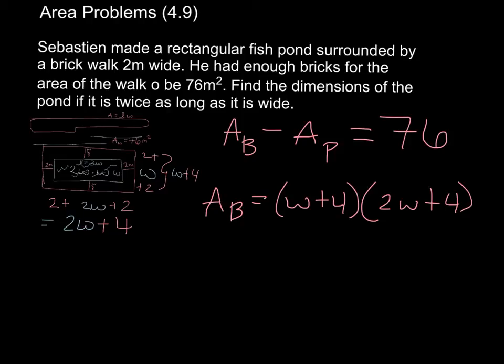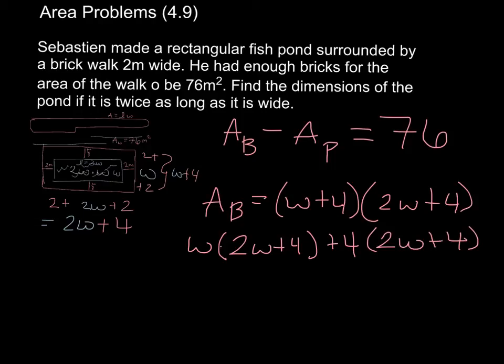So I'm going to take the first w, I'm going to say 2w times 2w plus 4, and then I'm going to have a 4 times 2w plus 4. You might also use the lattice method, whichever method you use to multiply two polynomials together. You might also use FOIL.